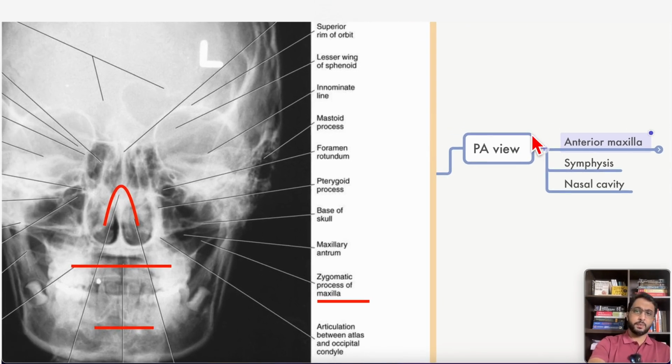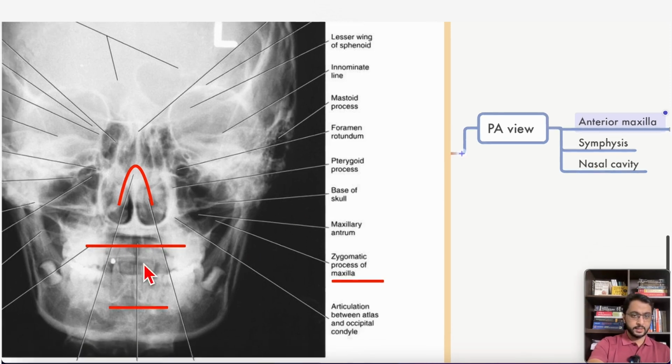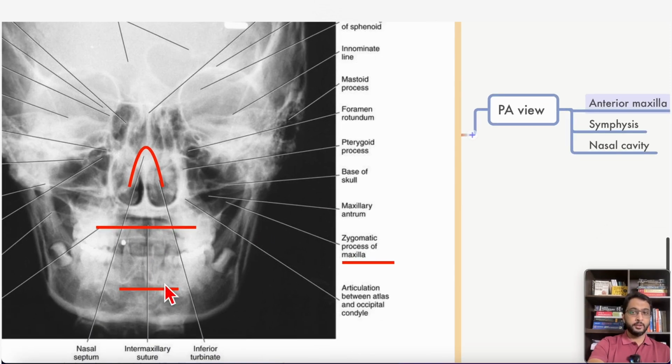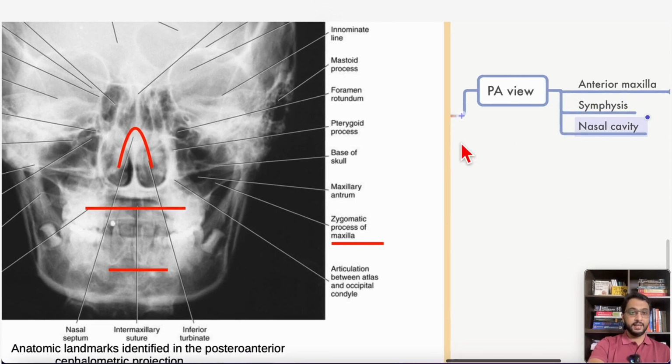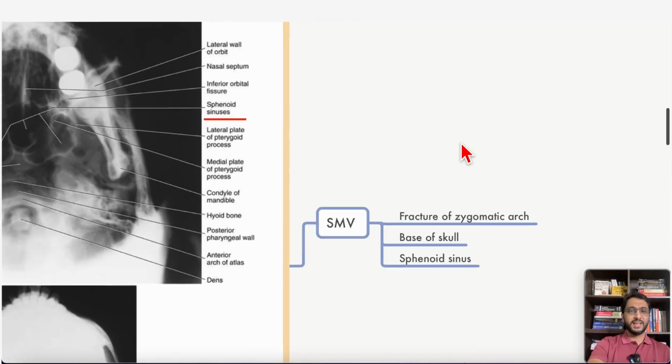So lateral ceph and PA ceph, both the cephs are used for anterior maxilla. You can see this anterior maxilla. Please note one additional benefit of PA ceph is your anterior mandible also. So anterior maxilla, anterior mandible in the sense of symphysis, and nasal cavity. So it's very much connected, isn't it?